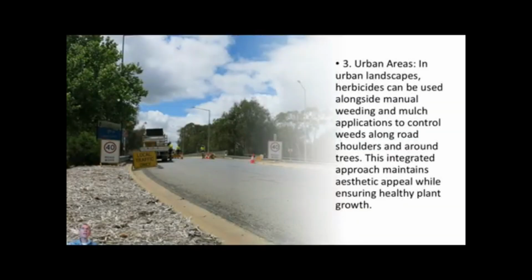3. Urban areas. In urban landscapes, herbicides can be used alongside manual weeding and mulch applications to control weeds along road shoulders and around trees. This integrated approach maintains aesthetic appeal while ensuring healthy plant growth. And here we go again looking at a combination of techniques to control weeds. Now obviously manual weeding, again, I think is something that can be done, but also there's a cost to that.